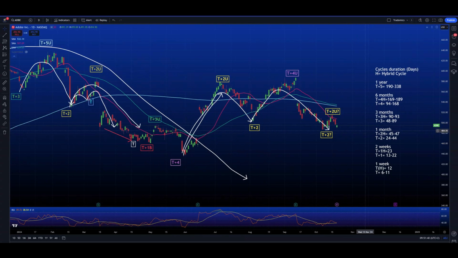But for the time being, the impulse was not really exciting. That's why here I put a T plus 2 with a question mark, because after this weekly cycle of 9 bars, here we have the sufficient and necessary condition to have just a T plus 2 at the moment, not a T plus 3.